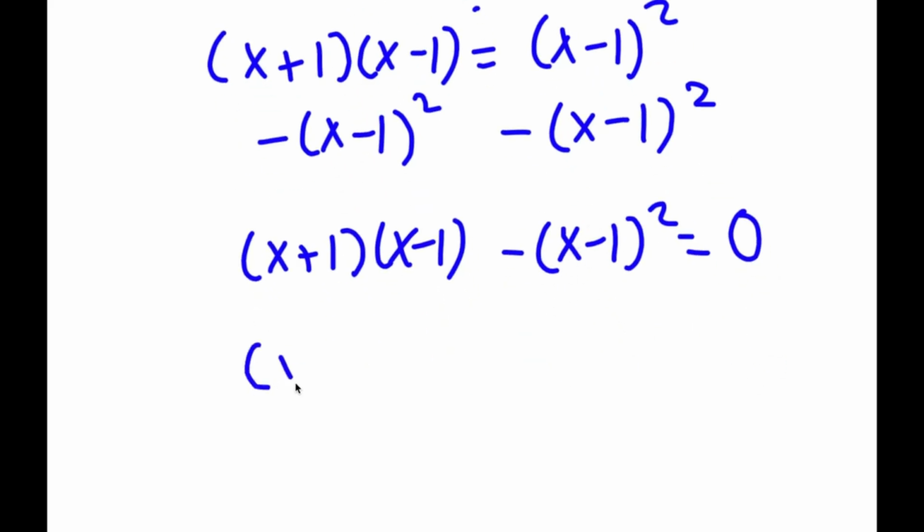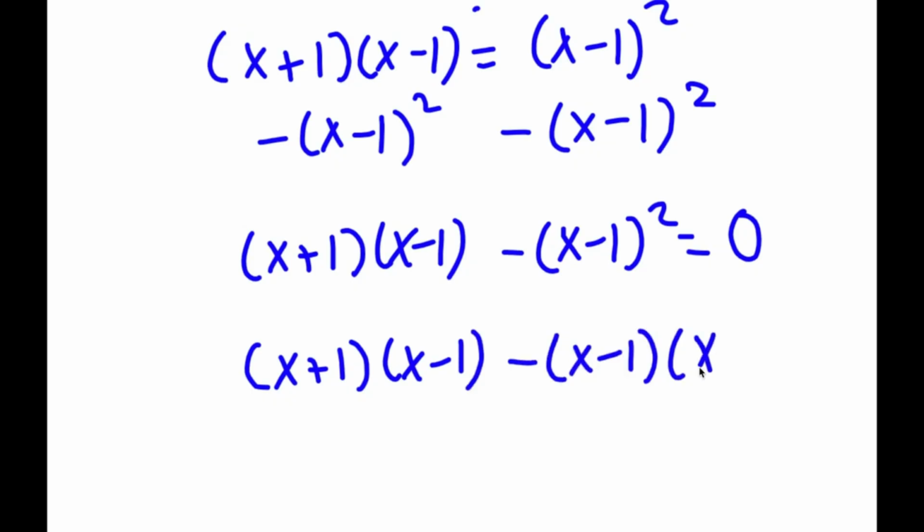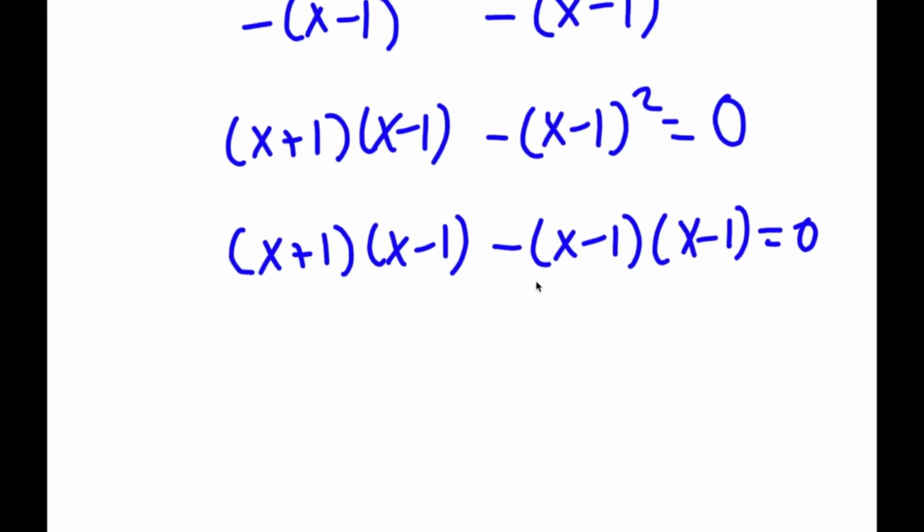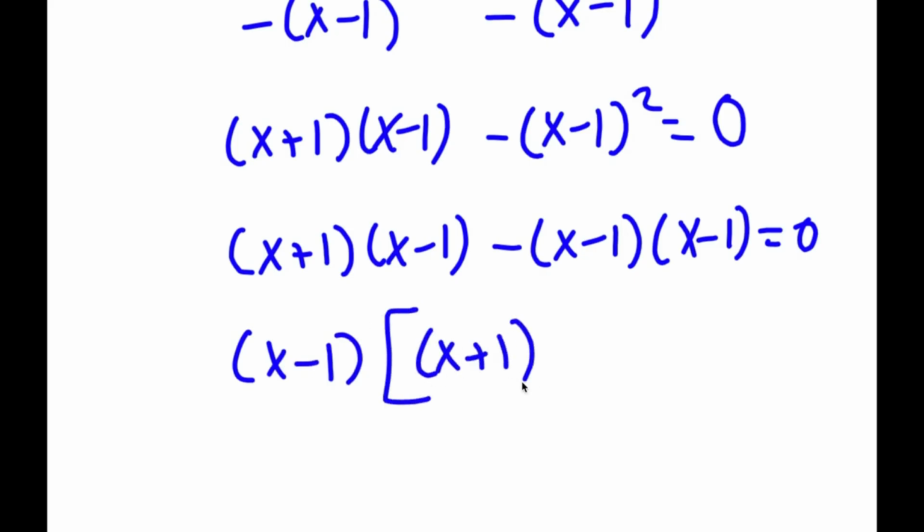Now (x minus 1) squared is the same thing as (x minus 1) times (x minus 1). Now if I factor out x minus 1 from this, I get (x minus 1) times [(x plus 1) minus (x minus 1)]. This is equal to 0.